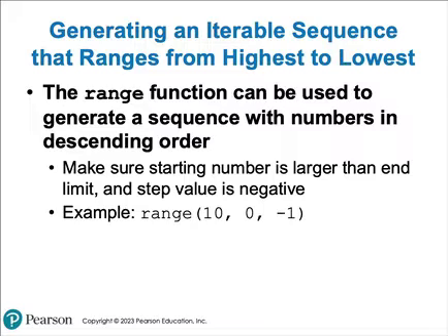The ending point would be smaller, and then in this case your increment would actually be a decrement, because in this case they're showing you that it would be -1. So it would count 10, 9, 8, etc.